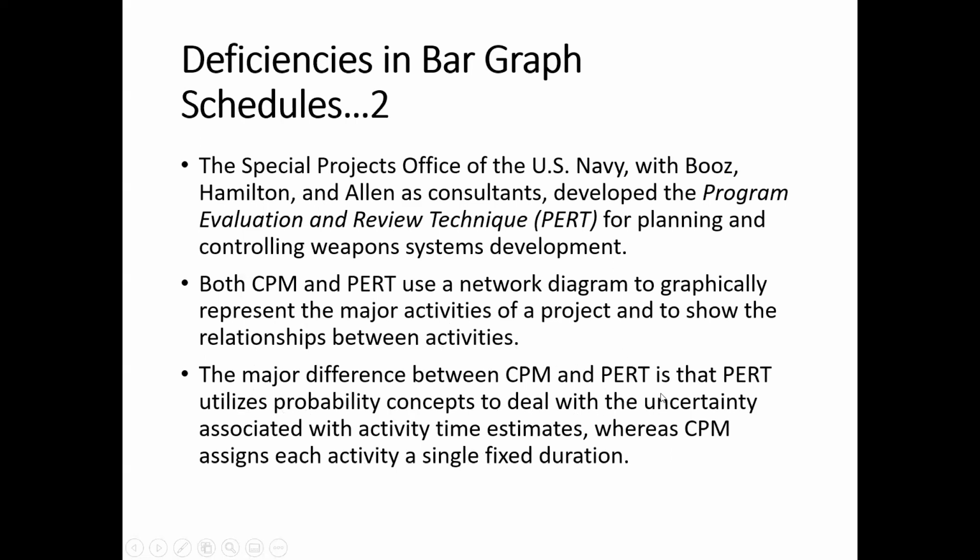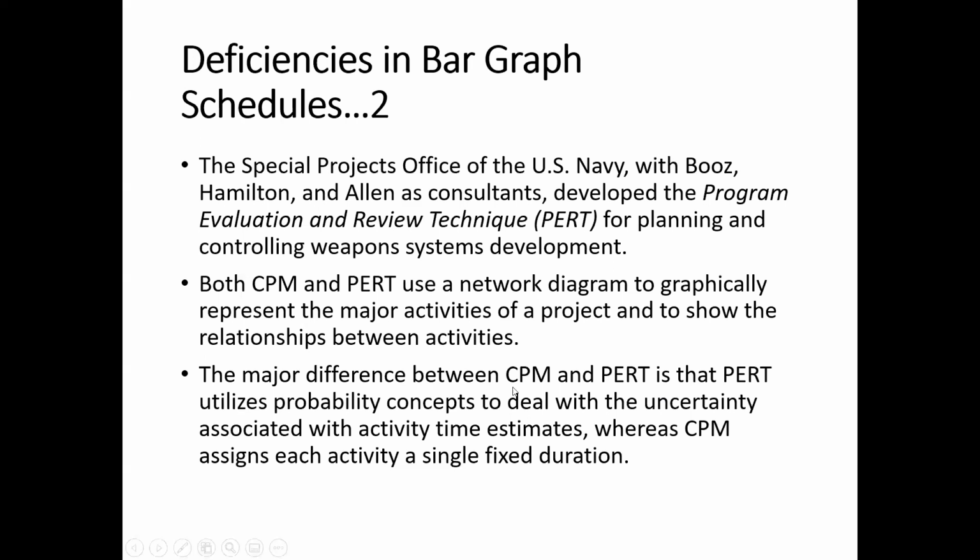PERT is normally useful for research and development kinds of projects where there is a big uncertainty about the time duration of the activities. So it assigns some probabilities to the duration of the activities to ascertain the probability of completing the project in a certain amount of time.